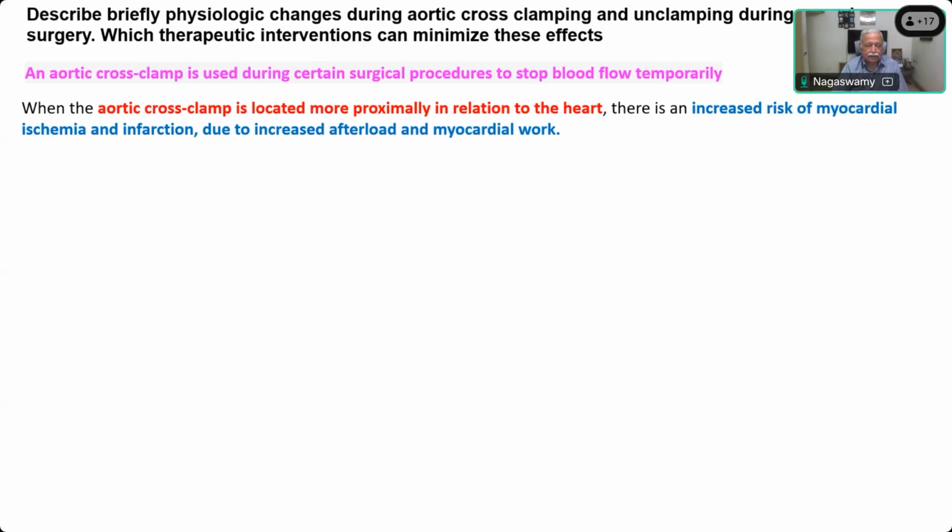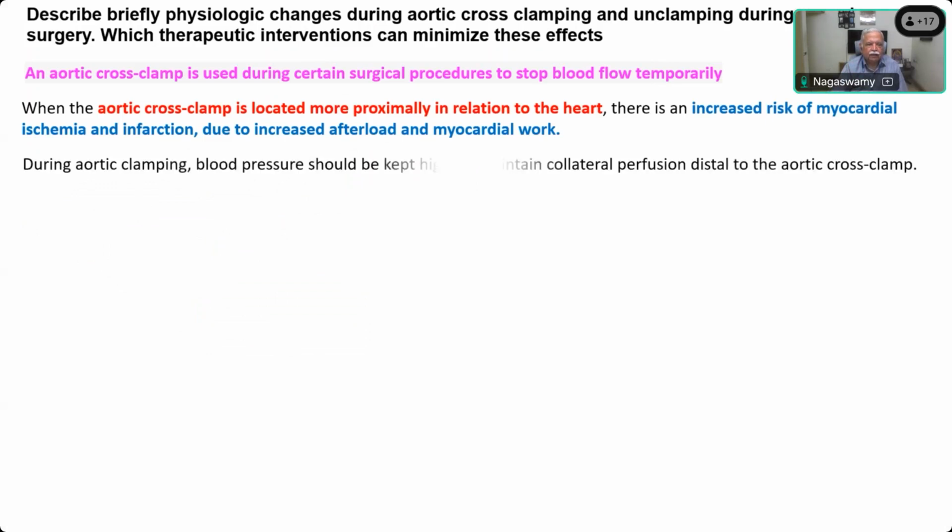But the aorta being the main supply of oxygen, the areas which are devoid of arterial blood flow go in for anaerobic metabolism, and that is one of the reasons we develop acidosis.